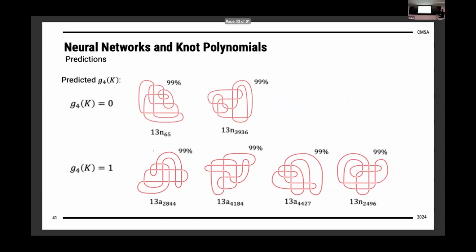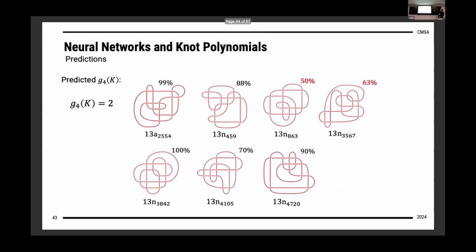And for the majority of these, after rerunning this on multiple different random initializations, we get that these are mostly stable, except for these knots, 13, 39 non-alternating, 8, 6, 3, and this knot here, where it's not able to tell if it's genus 2 or genus 1.